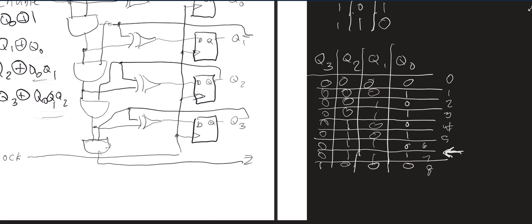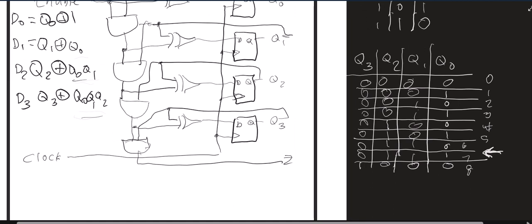So you're always ANDing together the least significant bits before the one that you're looking at, and you don't want to change it until that's 1.